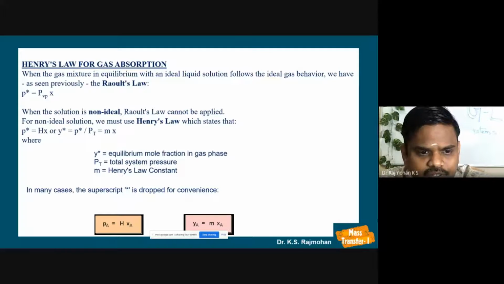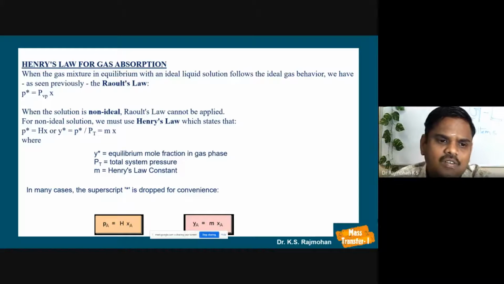Okay, so for example, you have P star equal to H into X, where H is the Henry's law constant, X is the solute concentration in the liquid, or it can be expressed as Y star equal to P star by Pt, which is equal to M into X. Okay, because Y star is P star by Pt, total mole fraction, right?